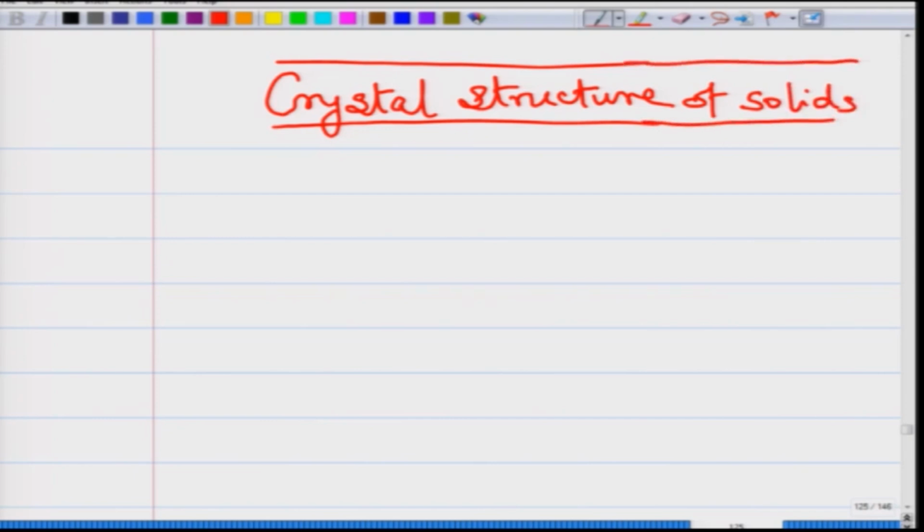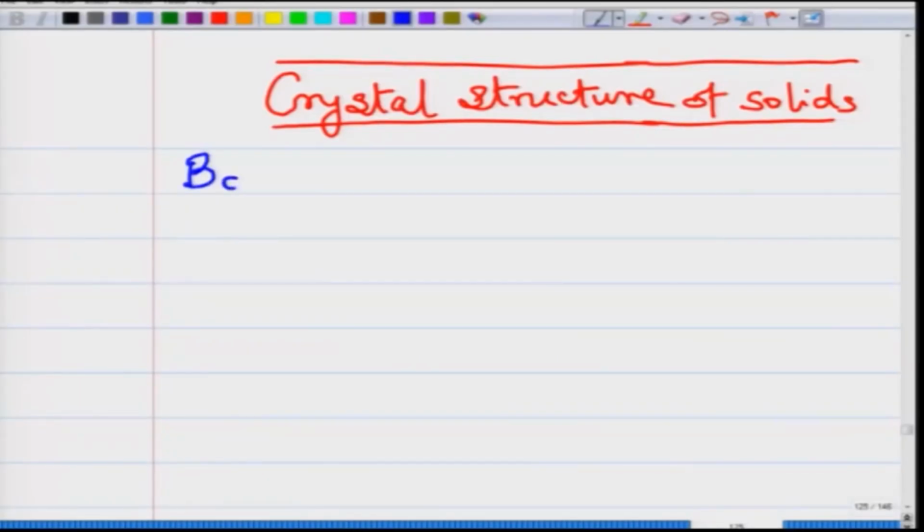Now, before we get into crystal structure, how does this crystal structure come about? The crystal structure comes about because of atoms or different atoms coming together and forming bonds, and a periodic arrangement of these atoms results in the formation of a crystal structure.